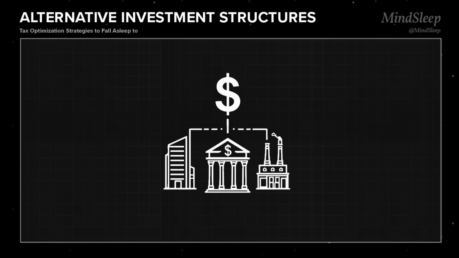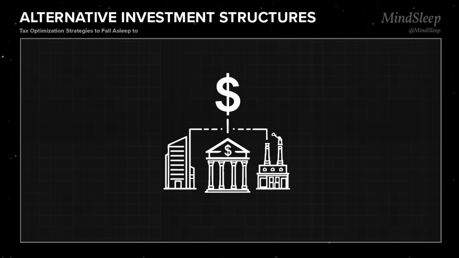The allure of these investments lies not only in their potential for high returns, but also in their ability to provide tax efficiency and portfolio diversification. Let's begin our exploration with partnership structures, a common vehicle for many alternative investments.